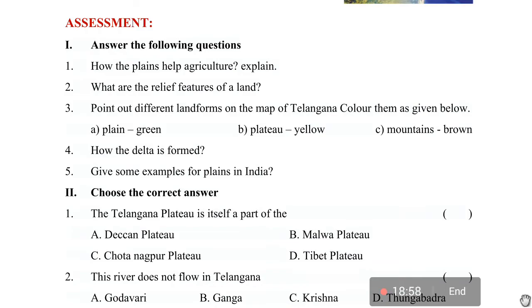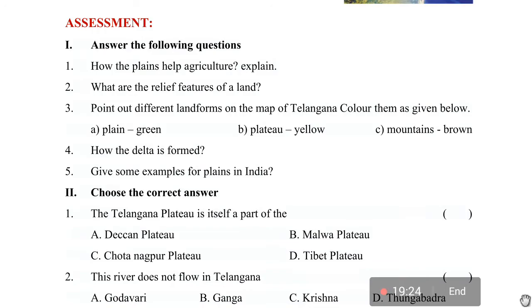Fourth one: how is the delta formed? Already we discussed that. Before joining into the sea, a river, whatever river is going to join into the ocean or the sea, forms a delta.